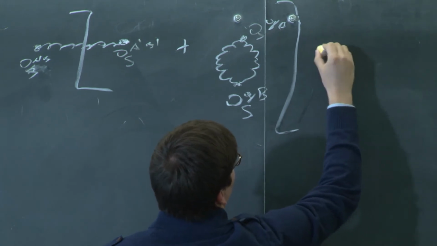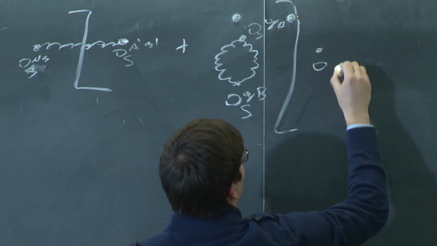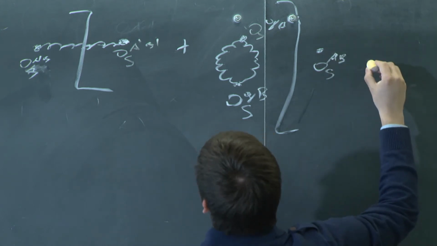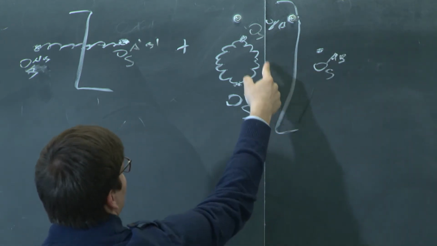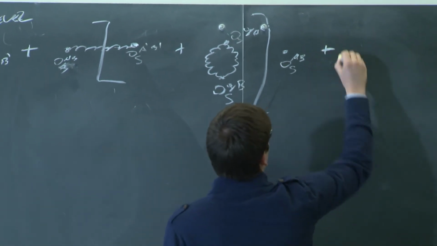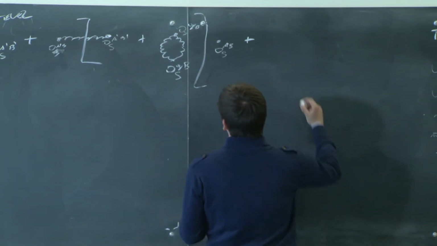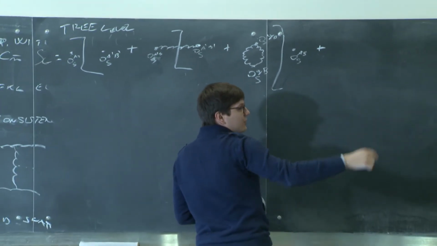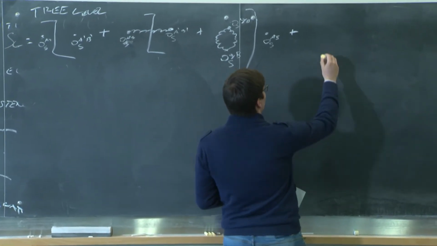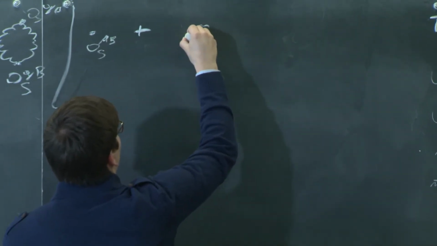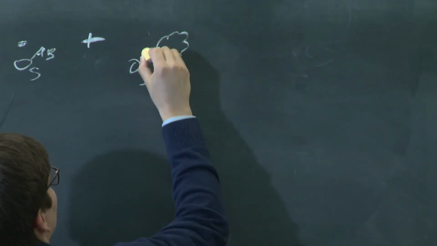And of course, on the other side of the cut, I actually still get the tree-level contribution. Plus the same guy with the quark loop. Let me avoid writing that down. And then, since I can have the two gluon Feynman rule from OS AB, I can also have a self-contraction of OS AB.